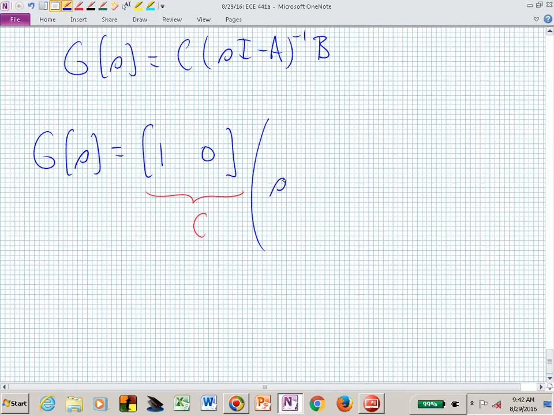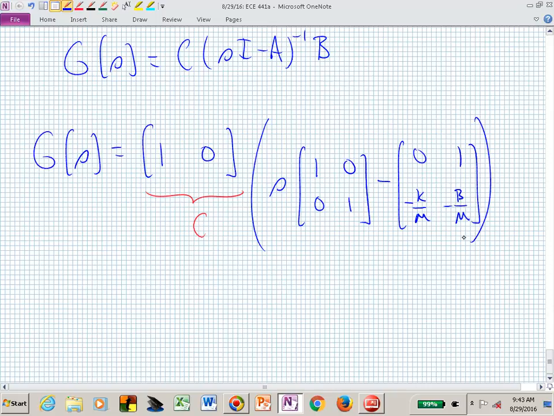Now we want s times the identity matrix, and the identity matrix was 2 by 2, minus A, and the A matrix was [0, 1; minus K over M, minus b over M], and all of that expression is inverted, matrix inversion.